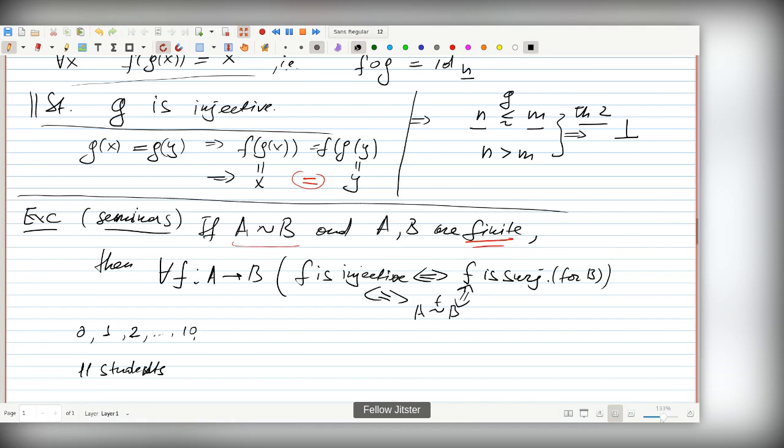This argument sounds very intuitive, but it is worth noting that this is not valid for infinite sets. No such thing for infinite sets.